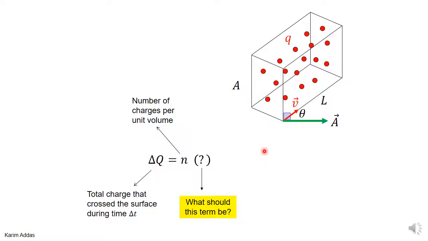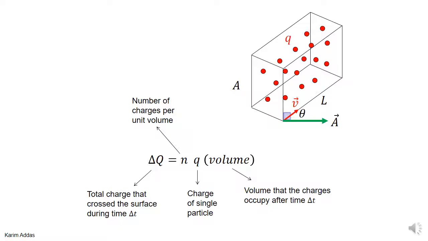So we'll ask the same question we did before. During a time delta t, how much total charge delta q has passed through this area? And we want to write it in terms of small n, which is the number of charges per unit volume. What must you multiply small n by in order to get the total amount of charge that goes through the area? The same answer as before.